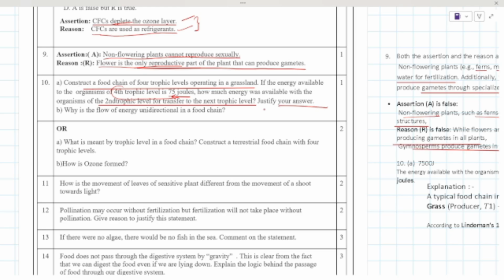You can calculate it. 7,500? Yes, very good. When we go upward, the energy decreases by 10%, right? When we come down, it increases by 10. So we have to multiply by 10 two times, or we can just multiply by 100, right? It's easy.